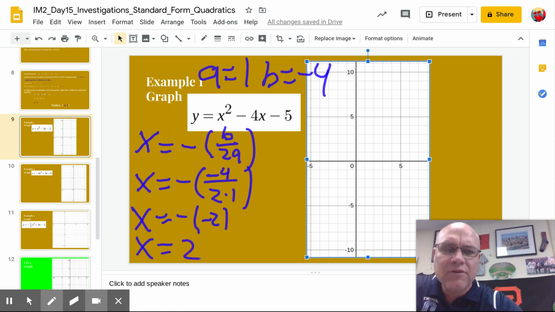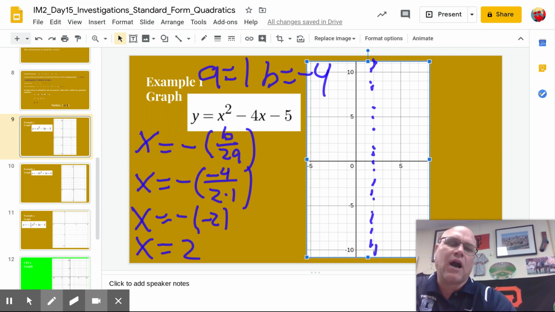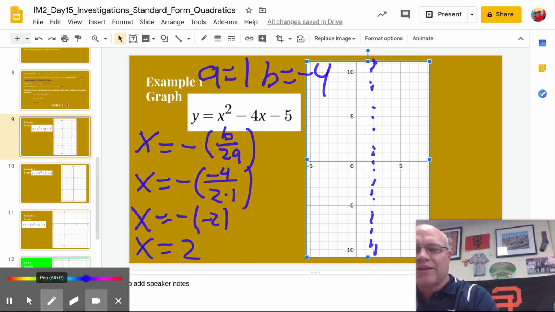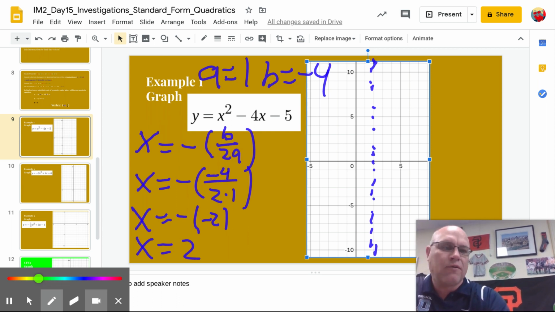All right, so we go to +2 here, and I'm going to just make my best dash line coming right down. So we have our axis of symmetry, but we want the vertex. To find the vertex, we need to substitute the x value into the equation to solve for y.